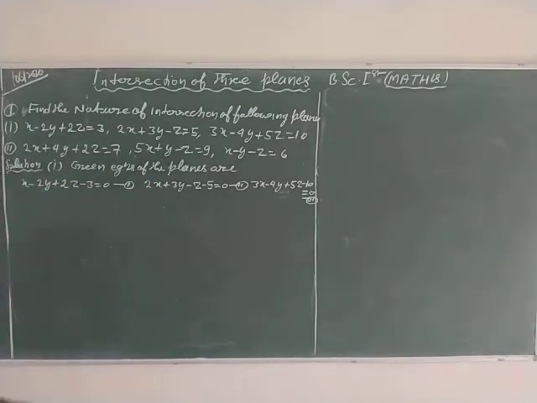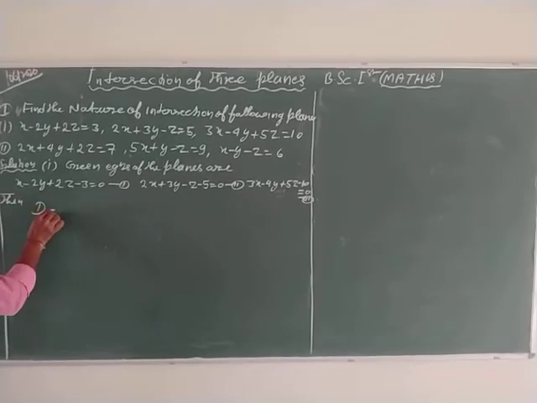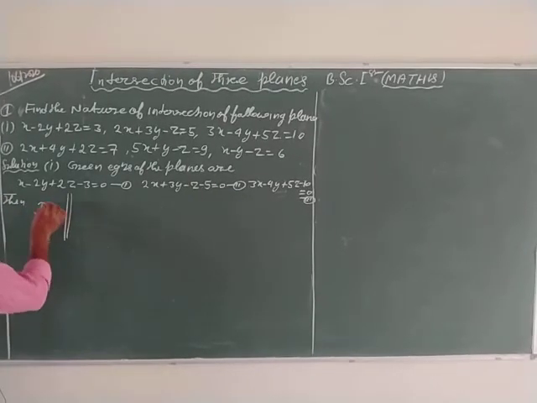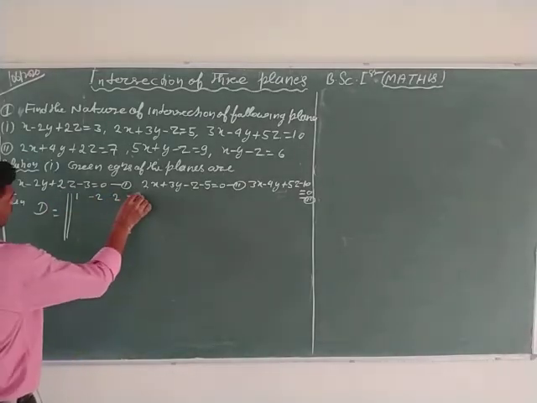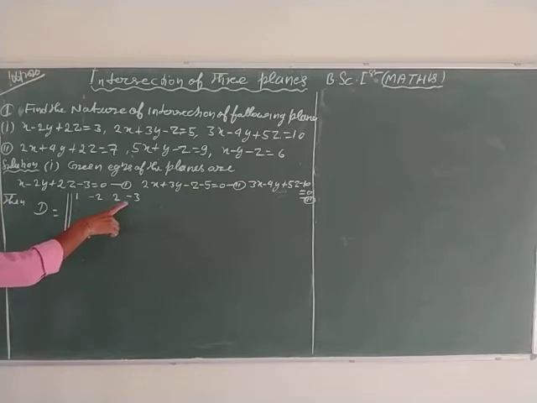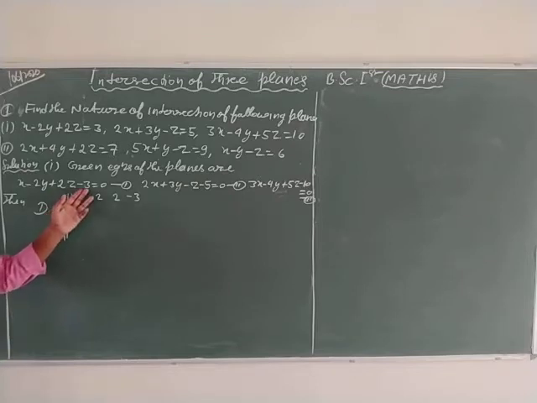First calculate the value of capital D. The coefficient of x is 1, y is minus 2 and z is 2, and D1 is equal to minus 3. So A1, B1, C1 and D1: the coefficient of x is 1, the coefficient of y is B1 equal to minus 2, the coefficient of z is C1 equal to 2, and the constant D1 is equal to minus 3.